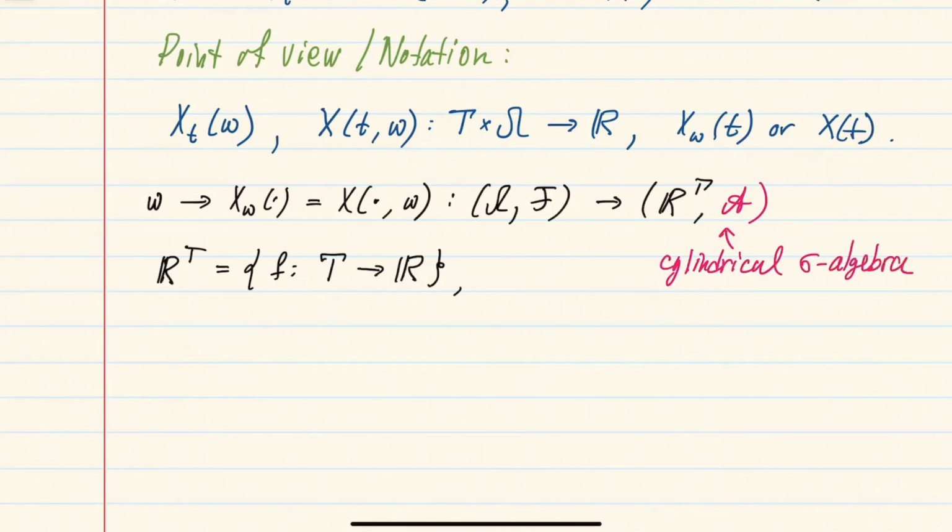Of course, this choice of cylindrical sigma algebra simply encodes the fact that we consider all X_t to be random variables.